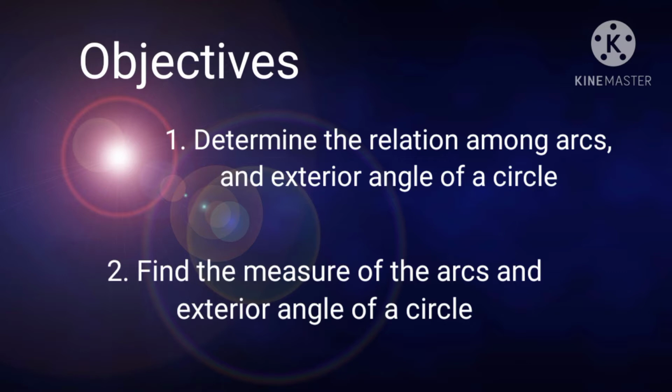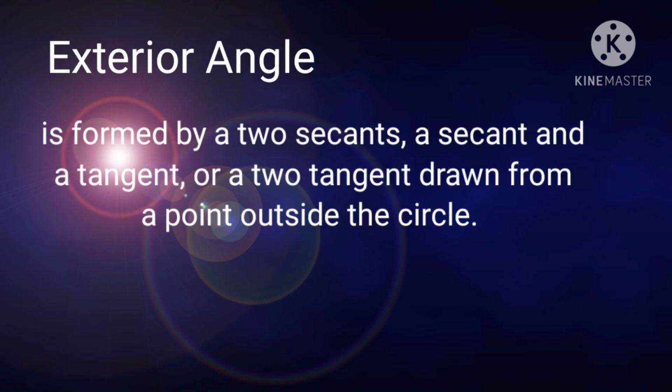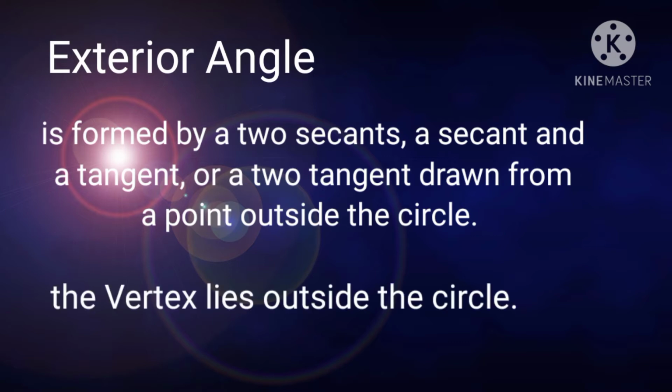So let's begin by identifying what an exterior angle is. An exterior angle is formed by two secants, a secant and a tangent, or two tangents drawn from a point outside the circle. The vertex lies outside the circle, so that's why it is called an exterior angle of a circle.